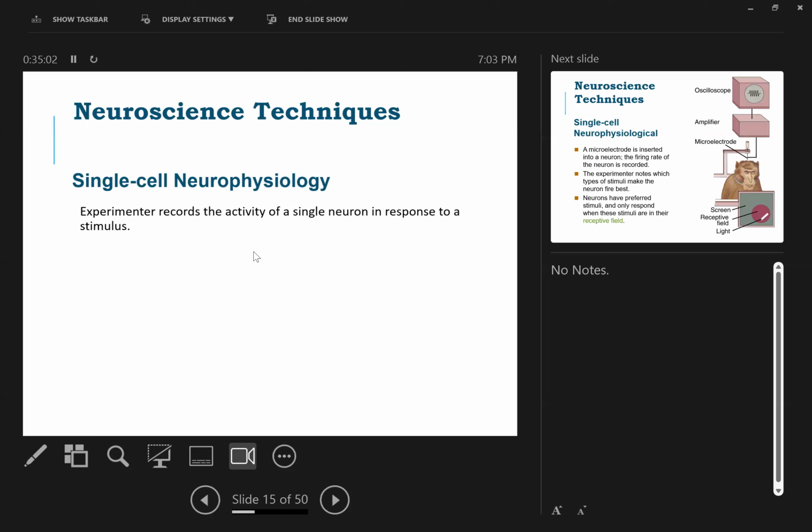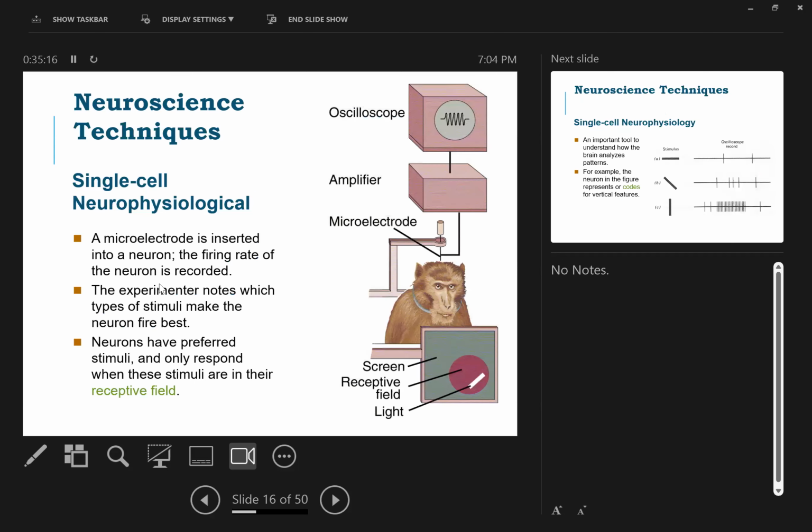Okay, so next we're going to talk about single cell neurophysiology. This is the practice of basically recording from a single cell. And I showed you something last week on this, where given a single cell, the voltage inside of it is going to increase above a certain threshold, emit an action potential, and then come down.